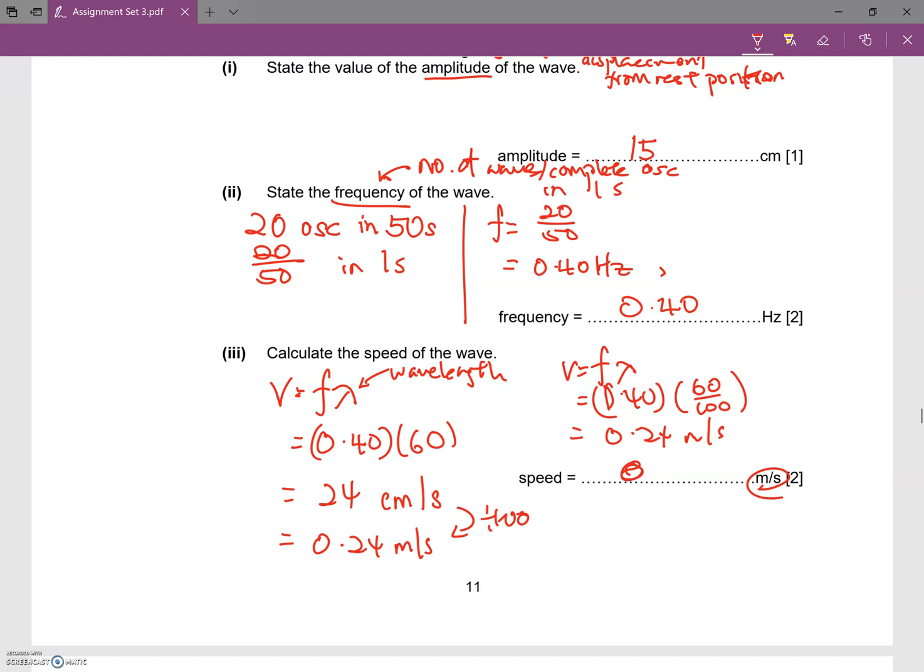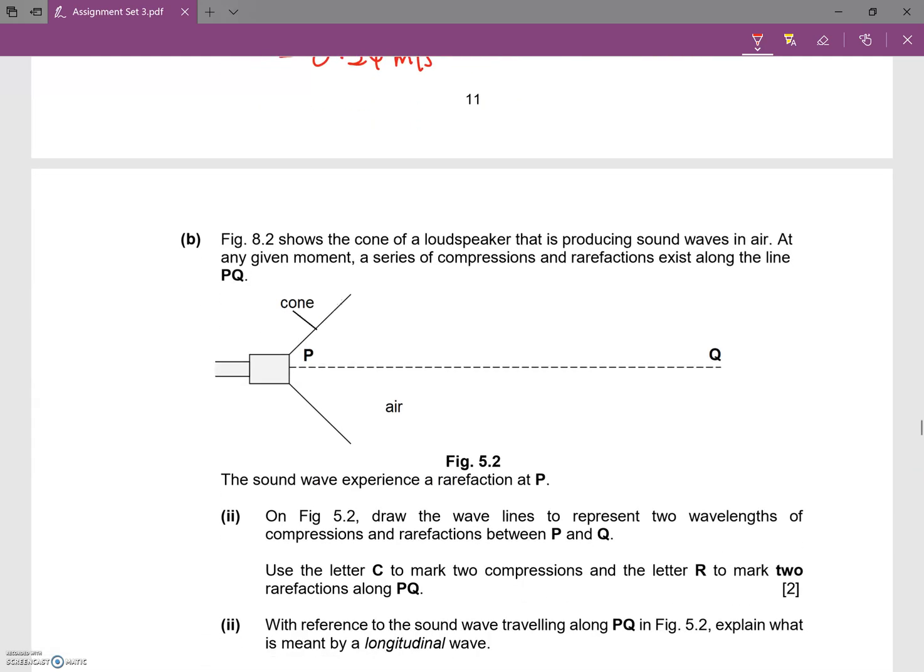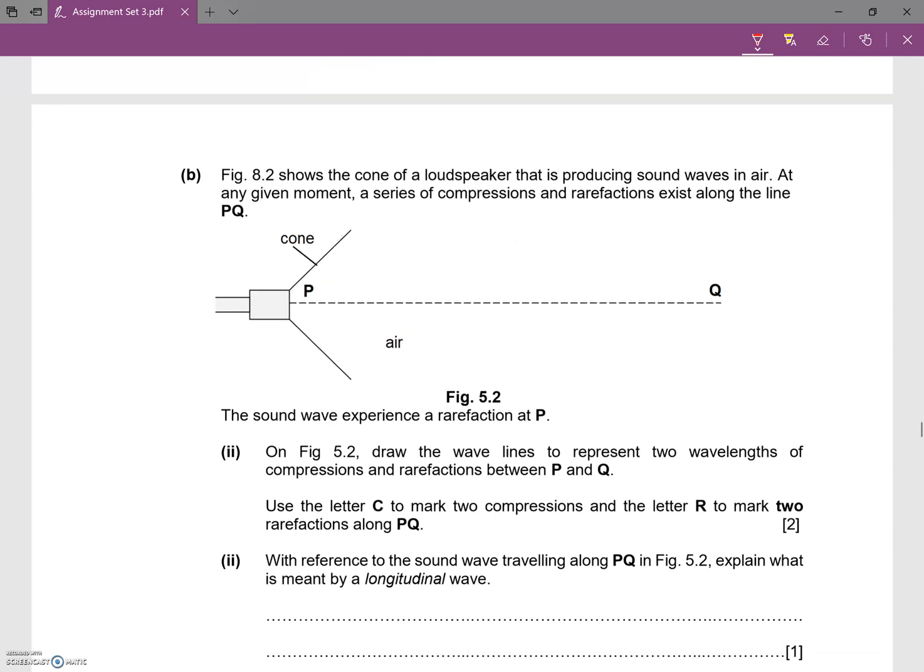So 0.24 meter per second. Now in part B, it says figure 8.2 shows the cone of a loudspeaker that's producing sound wave in air. At any given time, a series of compressions and rarefactions exists along the line PQ. Part B and part A are linked because they are still on the same idea of waves.